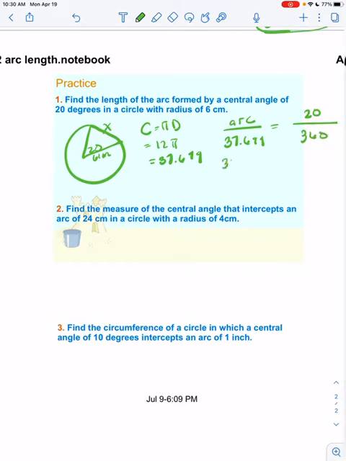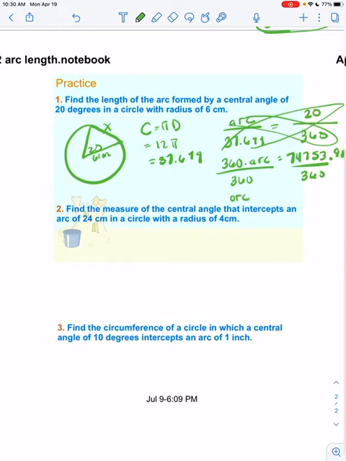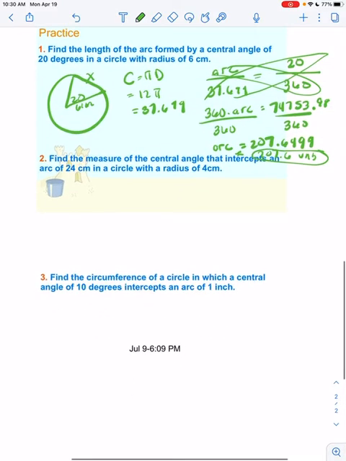Cross multiply, 360 times our arc equals 7,407.53982. Divide by 360, and you should get that your arc is equal to 207.6499, or approximately 207.6 units. Okay, now pause the video again and try number 2.